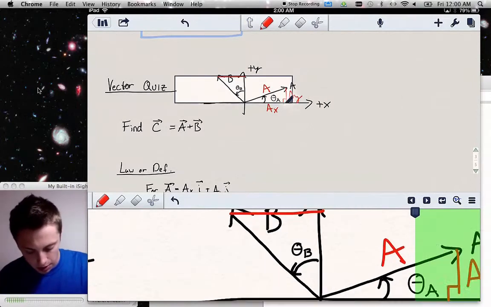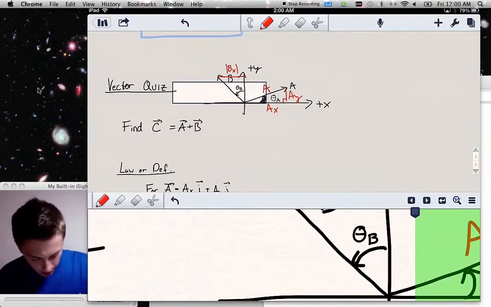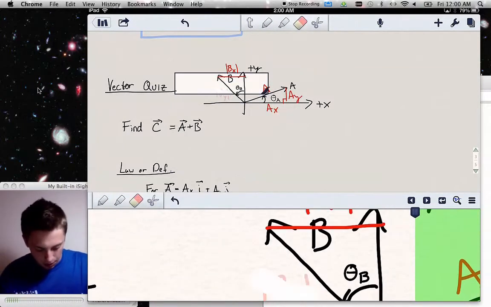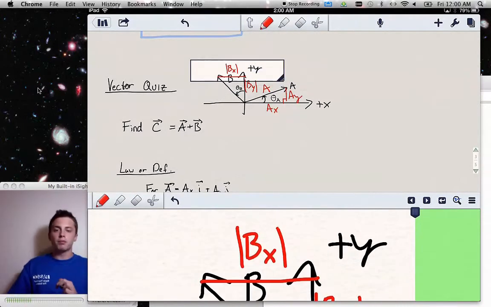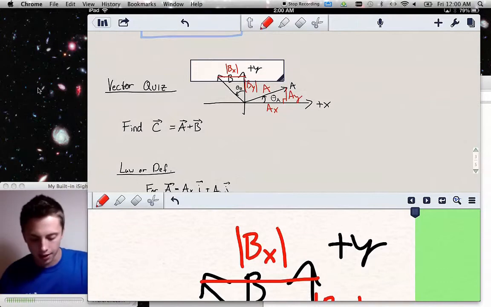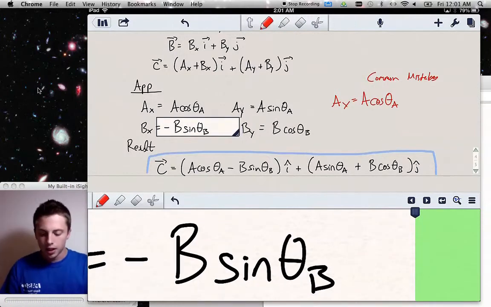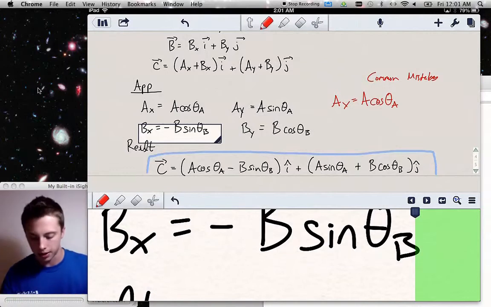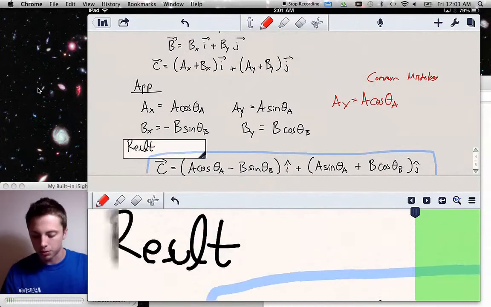Using trigonometry here, the absolute value of B_x, because we want to use lengths, is going to be B sine theta_B, okay? And we have a minus sign in front because it has a negative x component, as we've explained, all right? And the y component is going to be B cosine theta_B, so make sure you check the work up above.